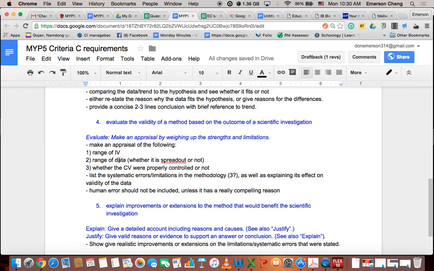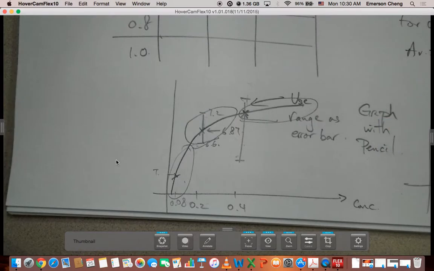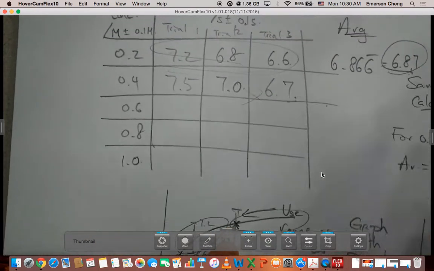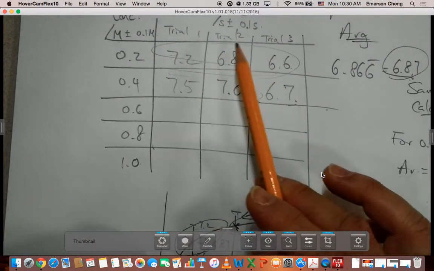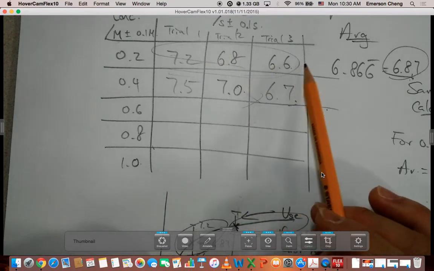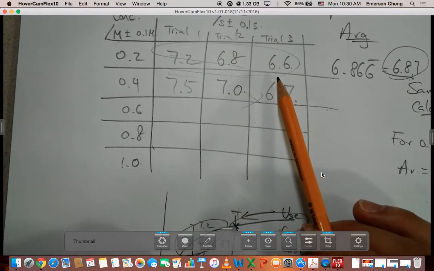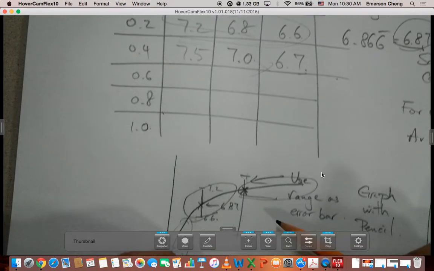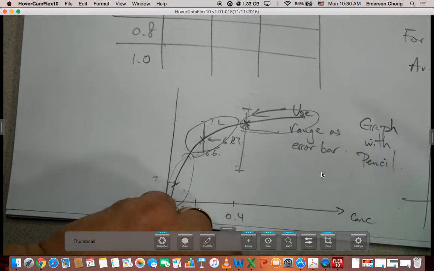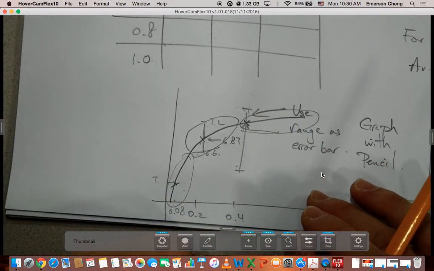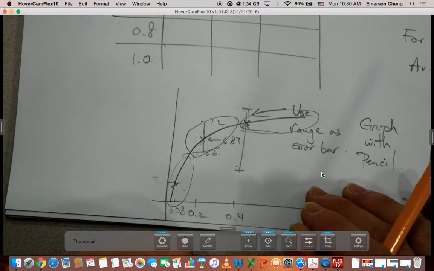They're not the same. Range of data is essentially how spread out your numbers are in each trial. If your range of data is really spread out, that's something you must mention as a weakness.